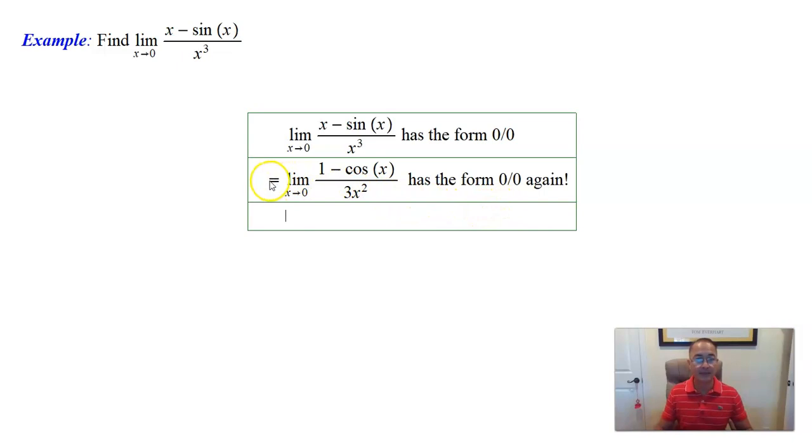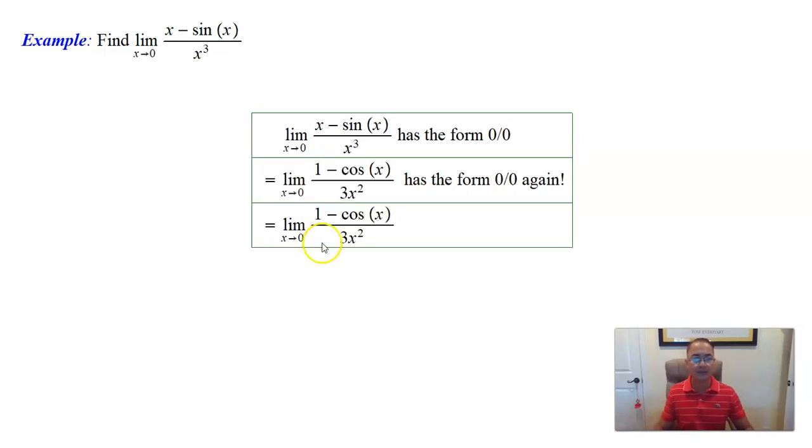As I mentioned above, you can try to do L'Hopital's rule repeatedly, to see if eventually you get a limit that you recognize or where you can apply direct substitution. Derivative of 1 is 0, so goodbye. Derivative of cosine is negative sine, so this is going to be positive sine of x.